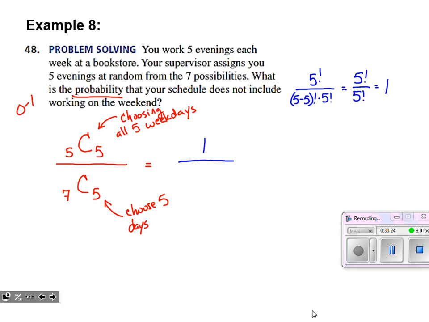Now let's do our 7c5. Okay, so 7 times 6 over 2 is what we're left with. That equals 21.